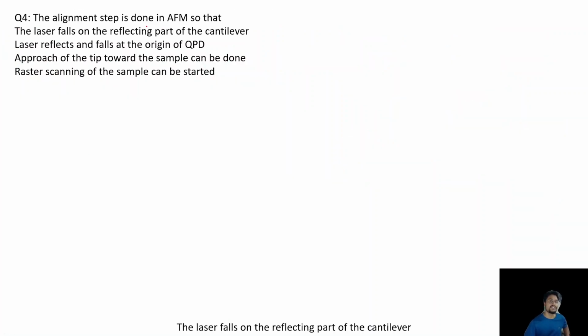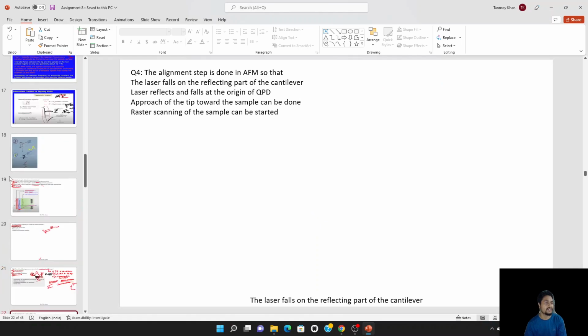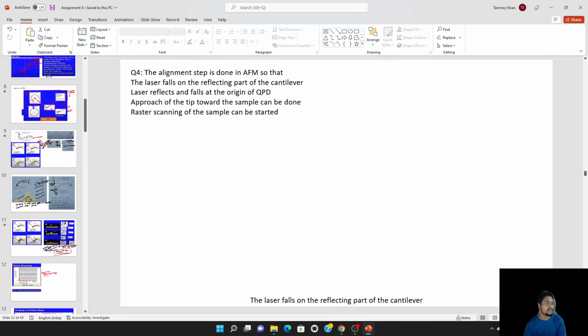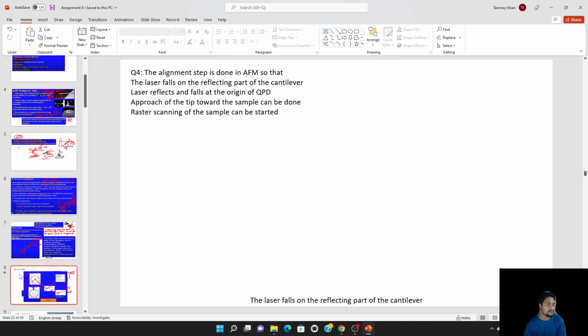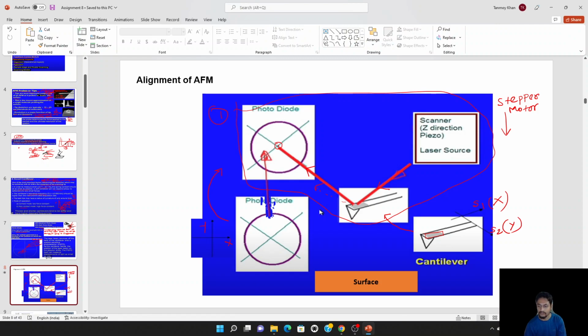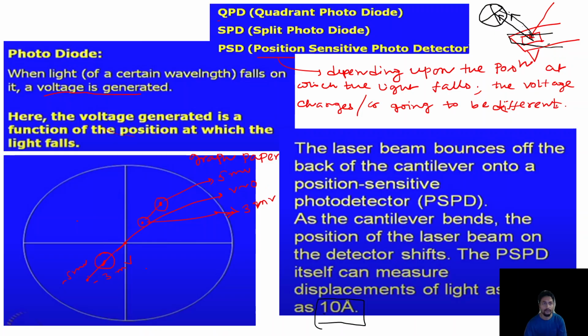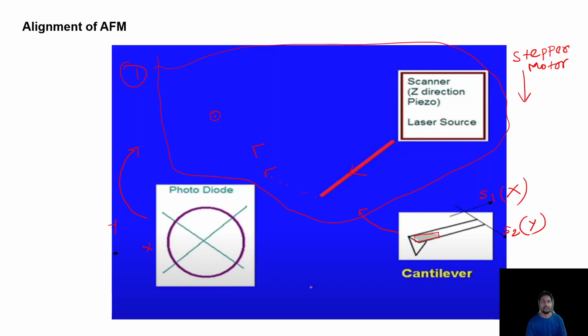The alignment step is done in AFM. I already said about the alignment, but going back to it: what is the alignment? At first there is the cantilever, and this is a laser source.